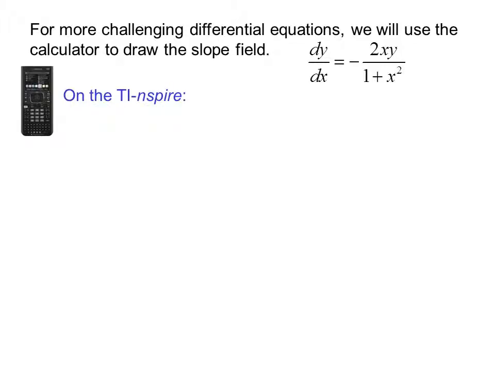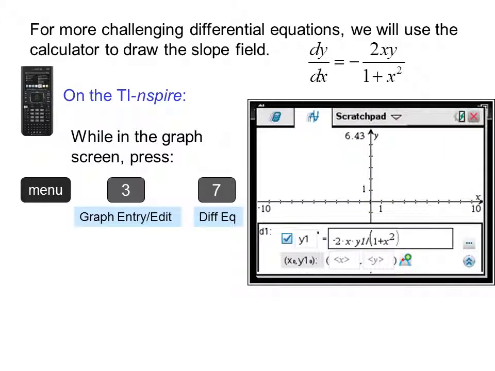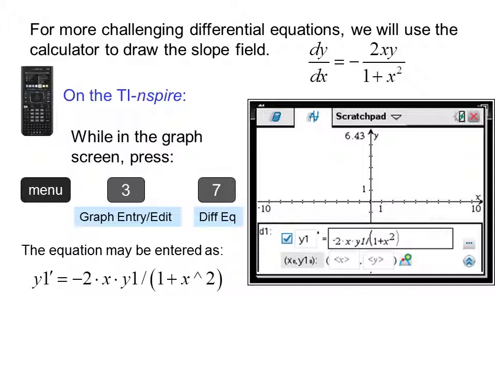On the TI-nspire, while in the graph screen, press Menu 3, Graph Entry Edit, 7 Differential Equations. We can enter the differential equation with the traditional vertical fraction, or the equation may be entered as y prime equals -2 times x times y1 divided by parentheses 1 plus x squared.